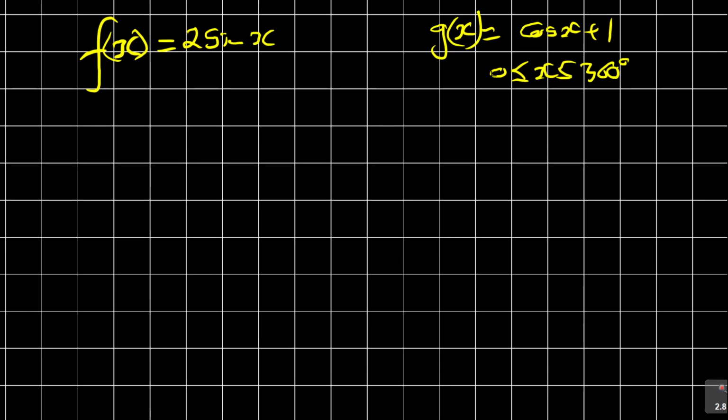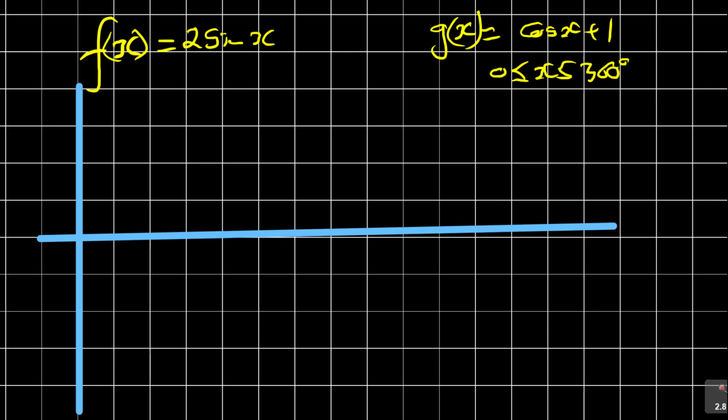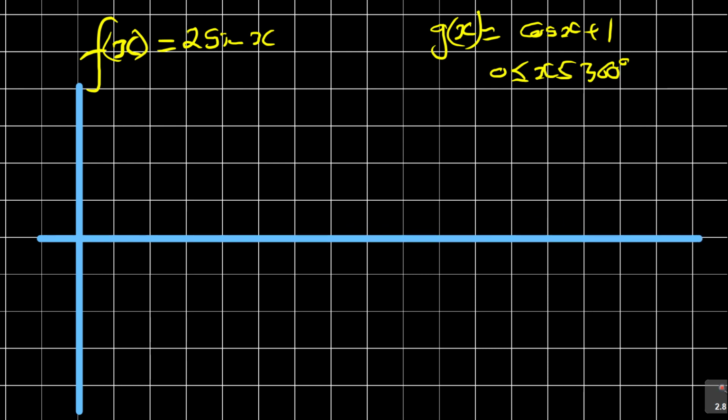You already know that it's from 0, x values are positive, so your graph can only start from here. Then you can extend a bit there in case. These are the y and these are the x.